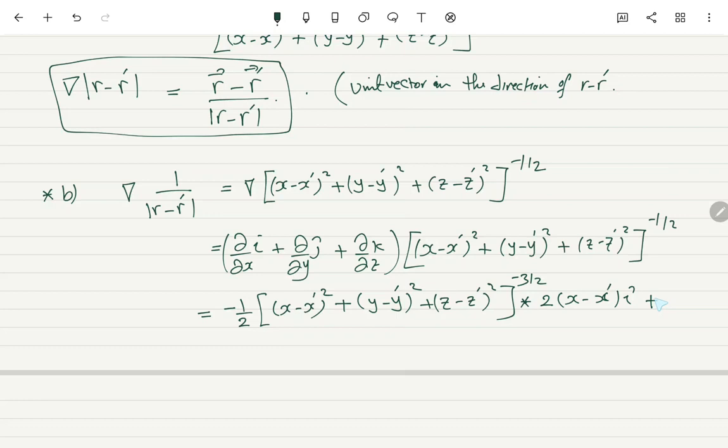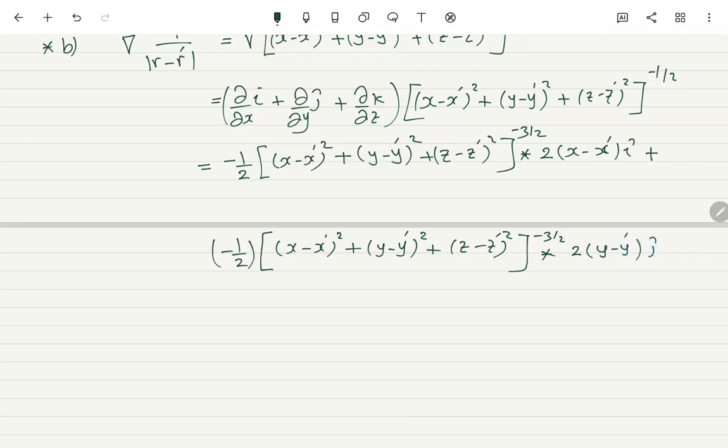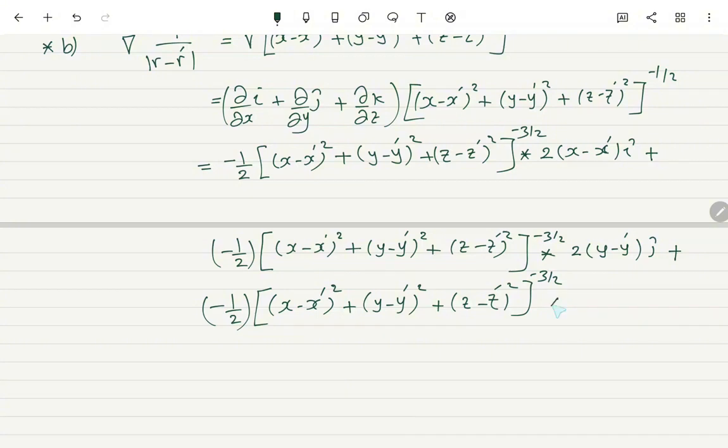i, plus almost the same procedure as the previous one, minus half times ((x − x′)² + (y − y′)² + (z − z′)²) to the power minus 3 over 2 times 2(y − y′) j hat, plus minus half ((x − x′)² + (y − y′)² + (z − z′)²) to the power minus 3 over 2 times 2(z − z′) k hat.